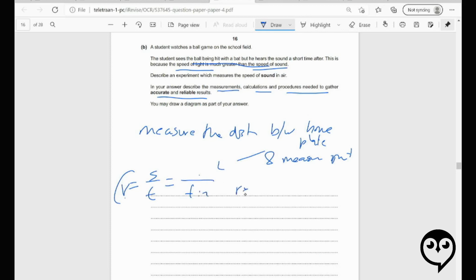You can talk about how we will record the time delay between the visual, the bat striking the ball, and the crack of the bat.